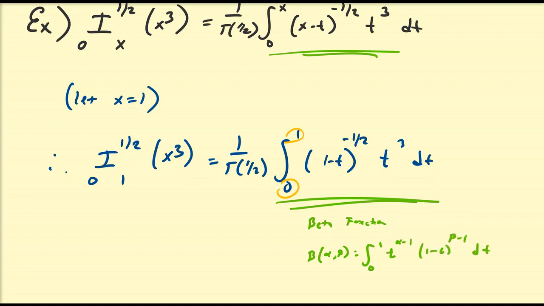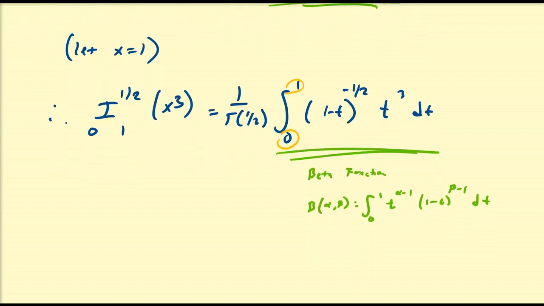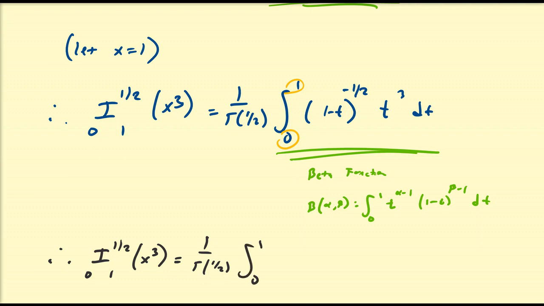So this is what we call the beta function of variables alpha, beta. If that is true, then this is the same as writing the half integral of x cubed from 0 to 1. This is going to be equal to 1 over gamma 1/2 times, so let's write this in beta form, t to the power 4 minus 1 times 1 minus t to the power 1/2 minus 1 dt.